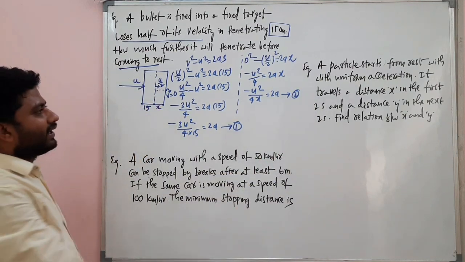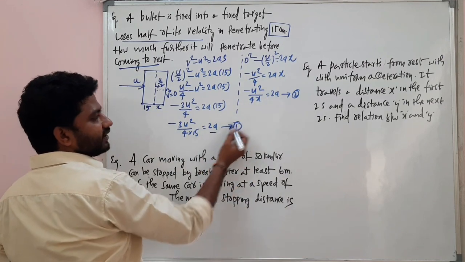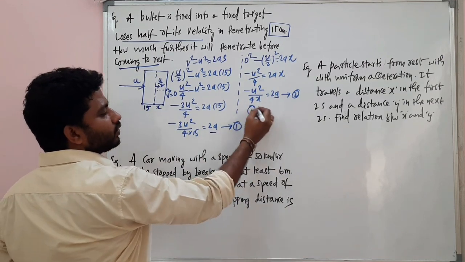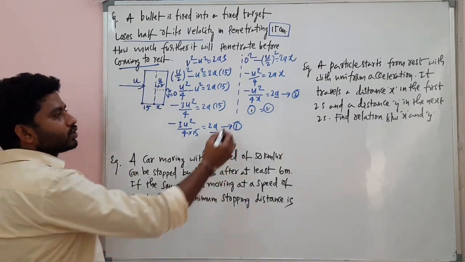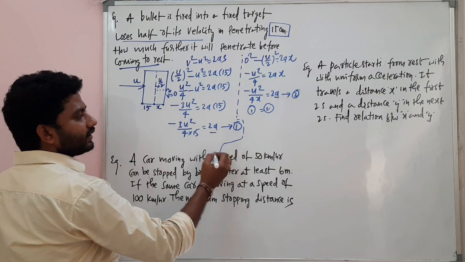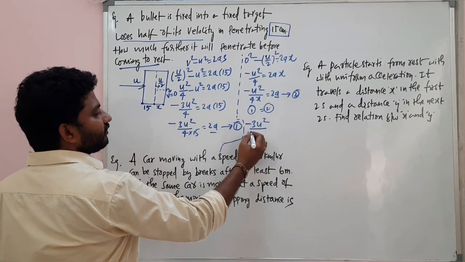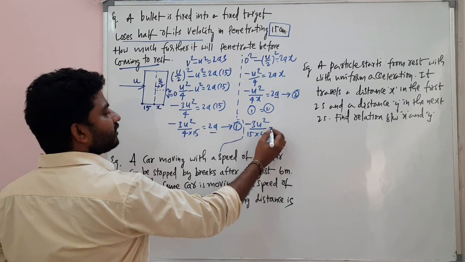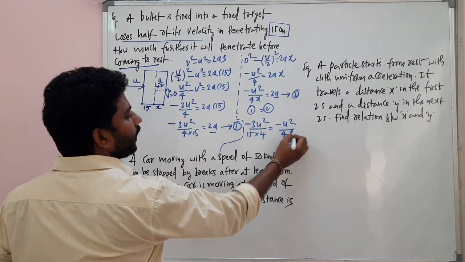Okay. Can I equate equation number 1 and 2? Because both right hand sides are same, you can see. So if you equate equation 1 to equation 2, what can I write here? It is minus 3u square by 15 into 4, which is equal to minus u square by 4 into x.